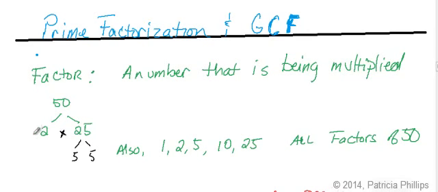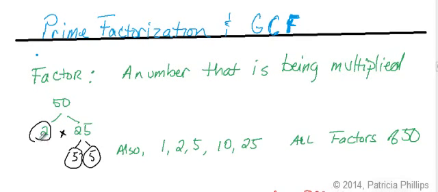Numbers that have no other factors besides 1 and itself. That's how far you keep going. And when you get all of your prime factors at the bottom, you can multiply them together and they will equal 50.